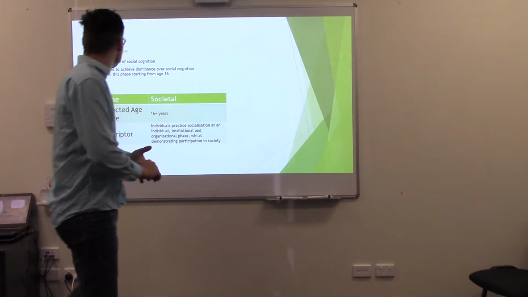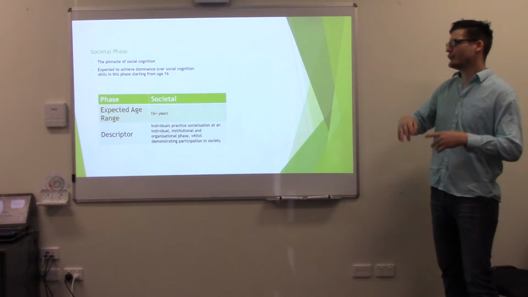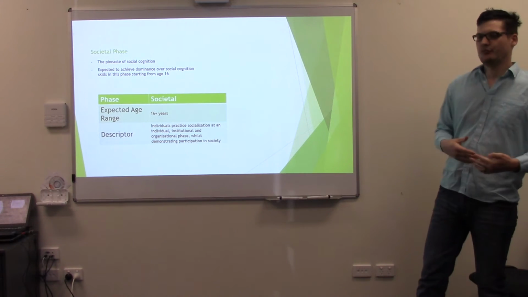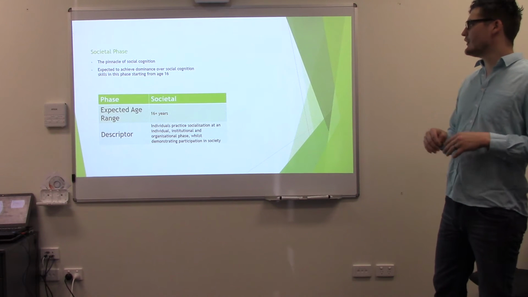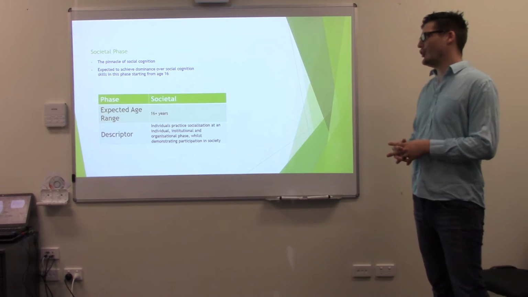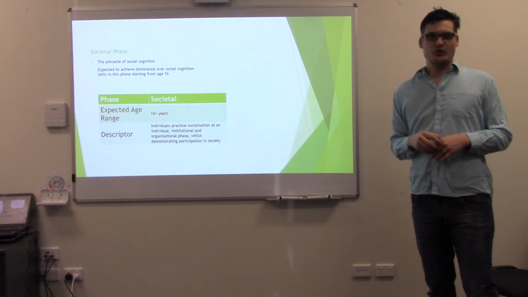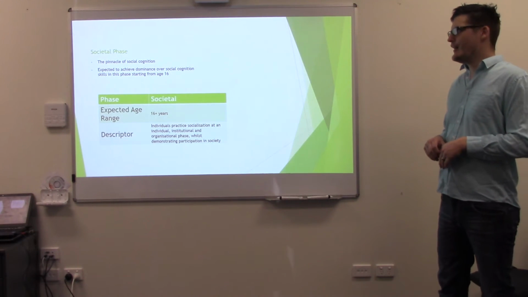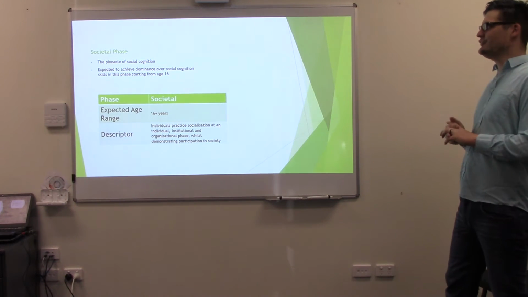And then finally we come to the societal phase, and this is seen as the pinnacle of social cognition. So what we've witnessed and observed is that people start to achieve dominance over this level of social cognition from the age of 16 onwards. So this is a very generous age designation.